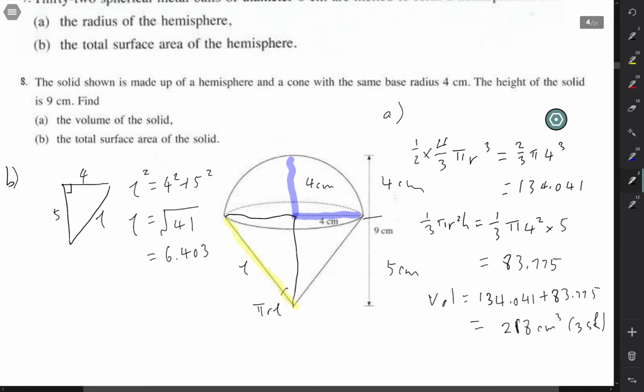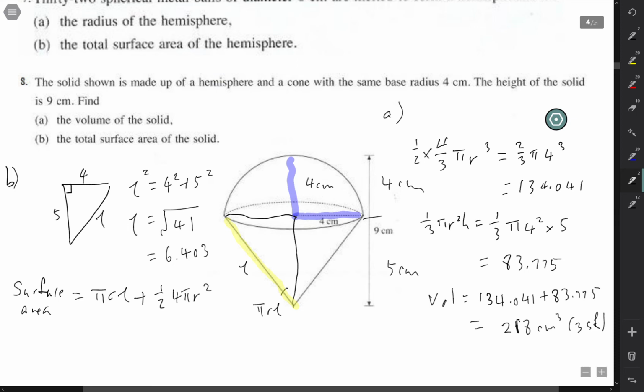Okay, I'm just going to put everything in. So surface area equals pi rl, which is the curved surface area of the cone, plus half of 4 pi r square, which is the hemisphere.